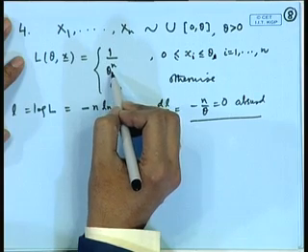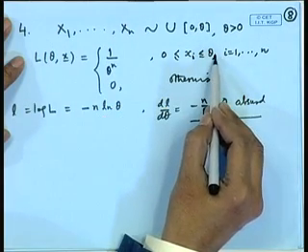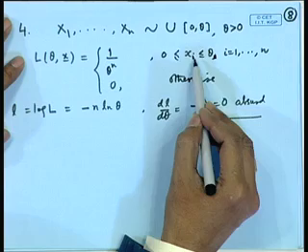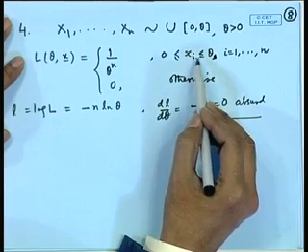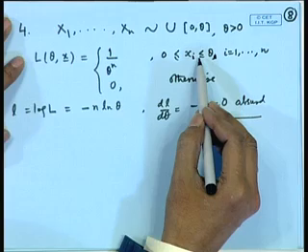What is the minimum value of theta? Since theta is greater than each of the x i's, the minimum value that theta can take will be the maximum of x 1, x 2, ..., x n.